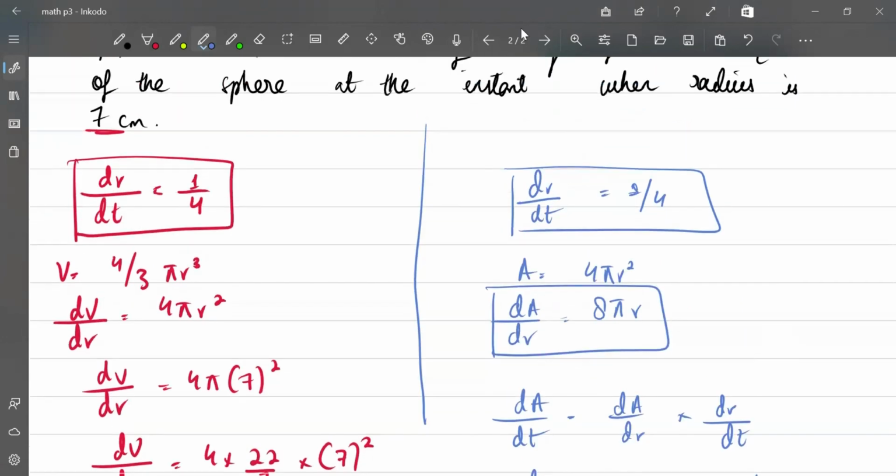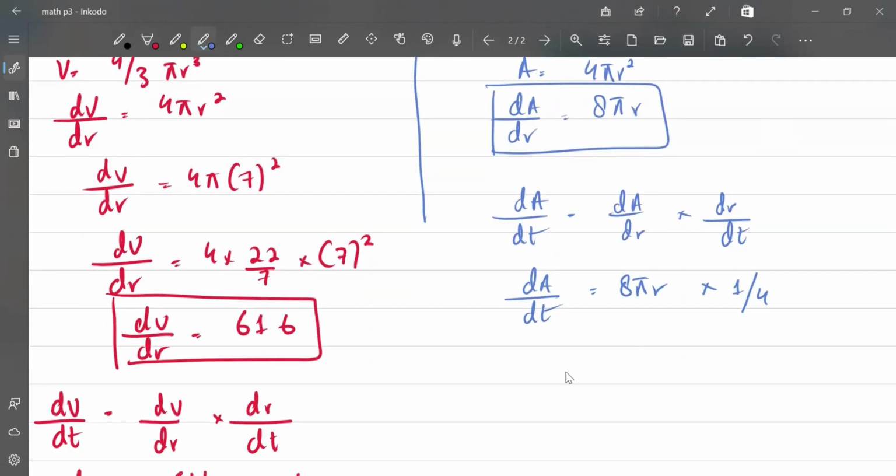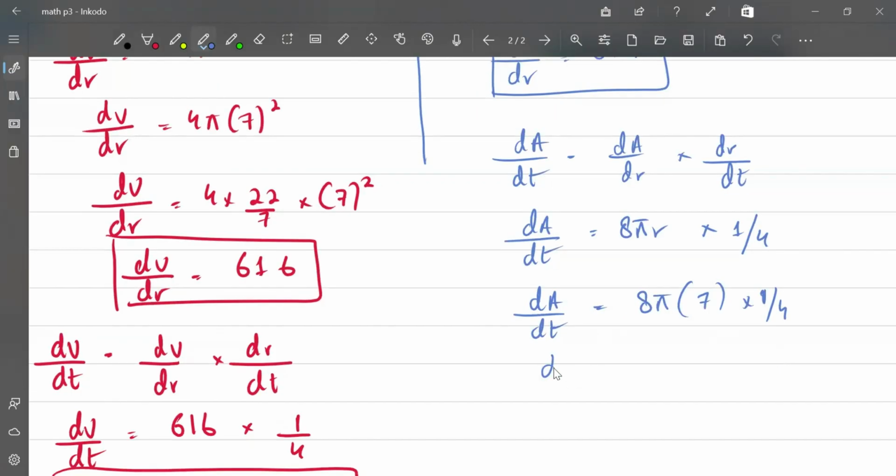We also have the value of r, which is 7, as provided in the question. So dA over dt is going to be 8 pi 7 into 1 upon 4. And again, for the simplicity of this question, I'm going to assume pi to be 22 upon 7.